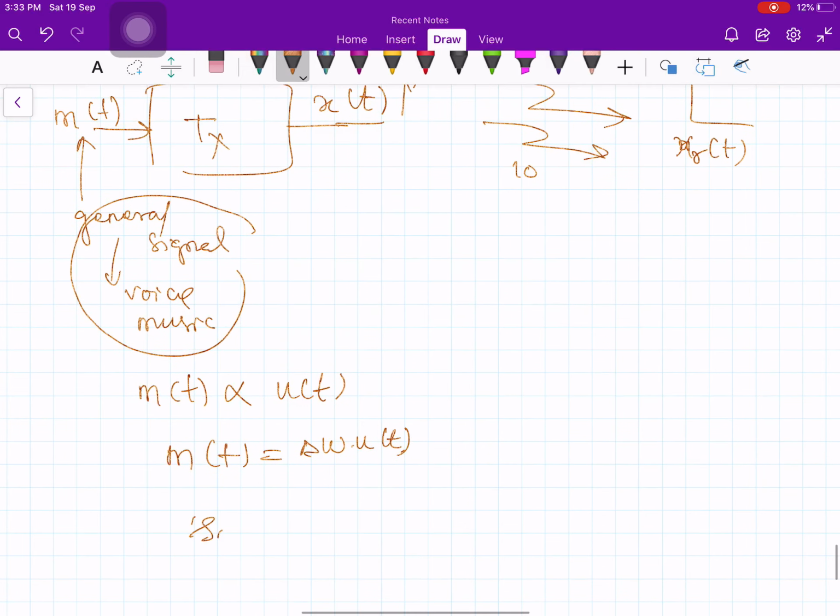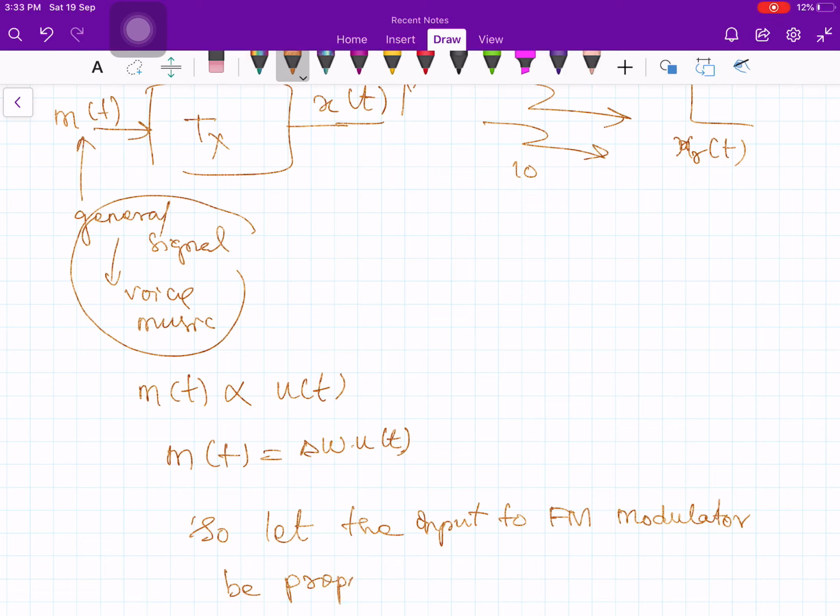Therefore, let the input to the FM modulator be proportional to a unit step function.